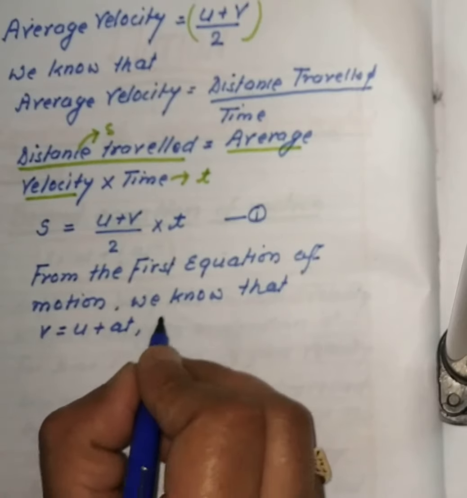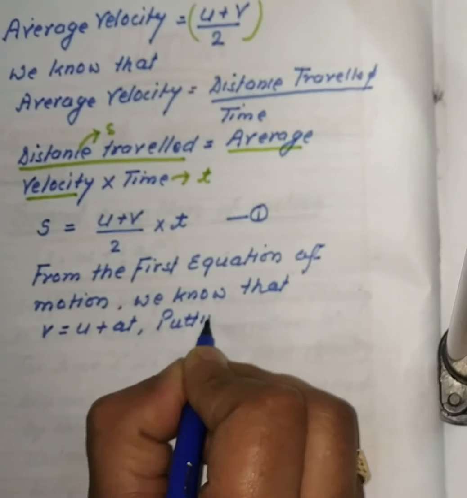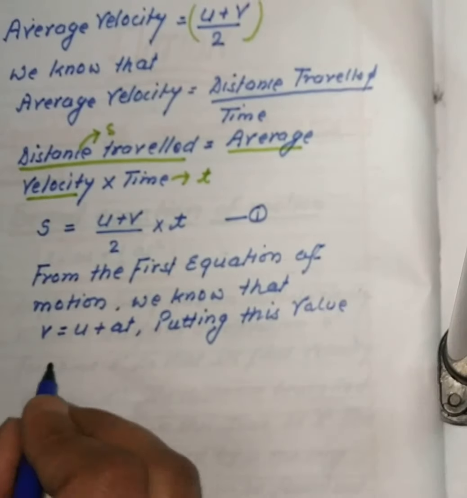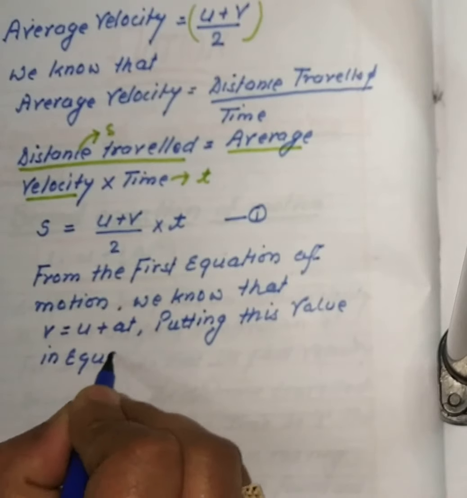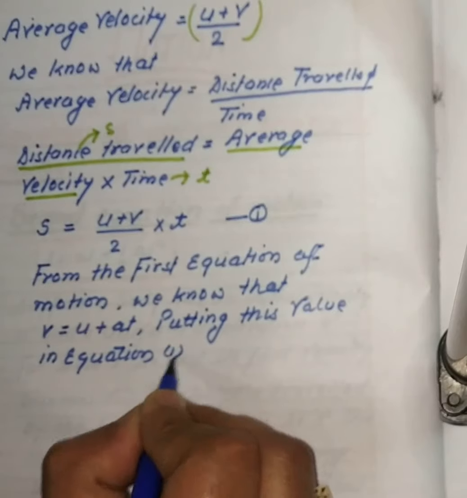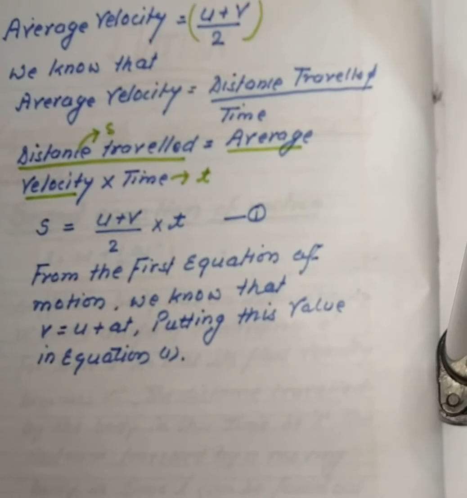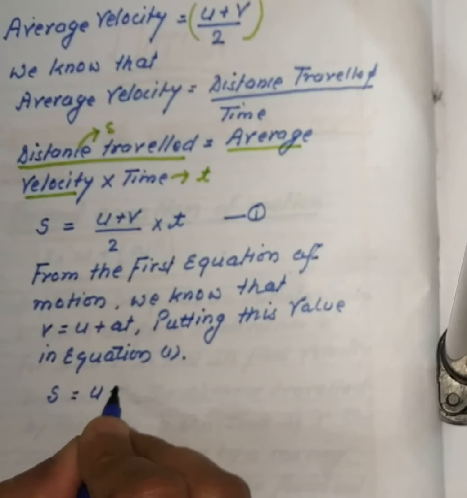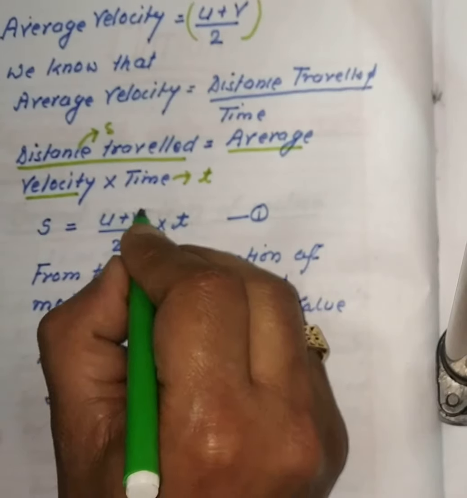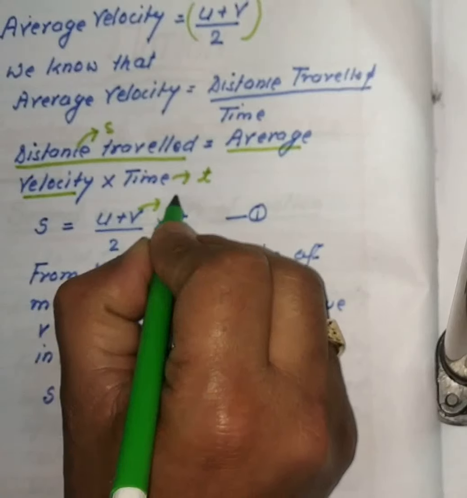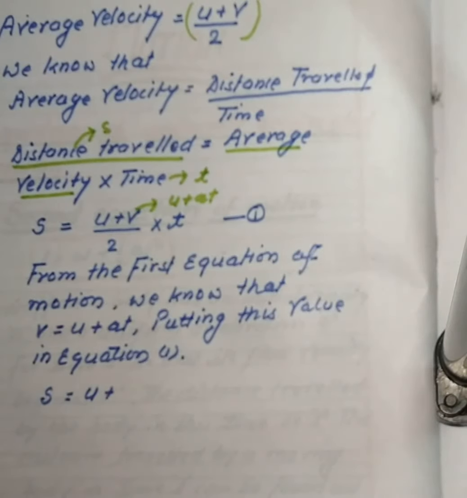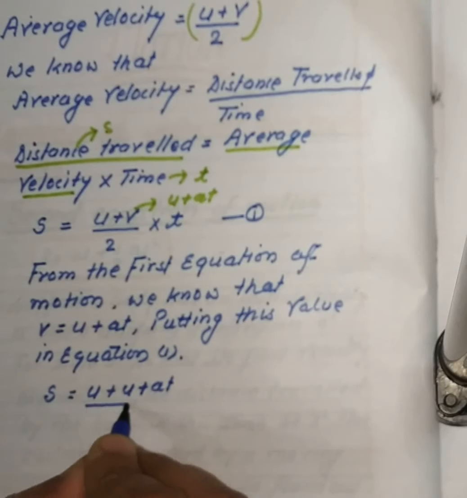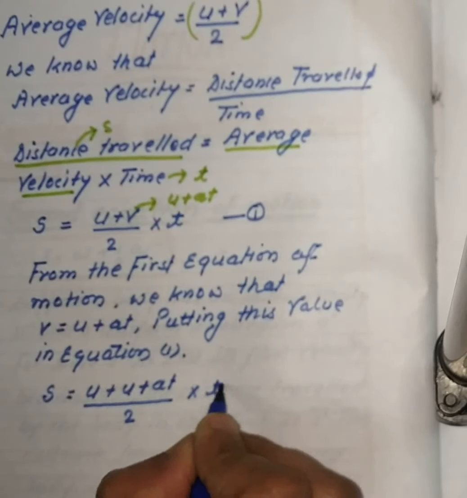Putting this value in equation 1, we get S equals u plus, in place of v, we write u plus at, upon 2 multiplied by t.